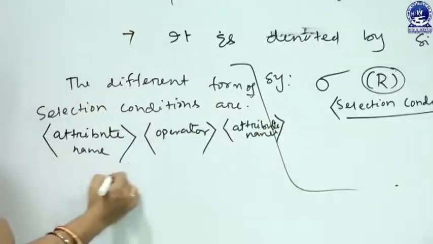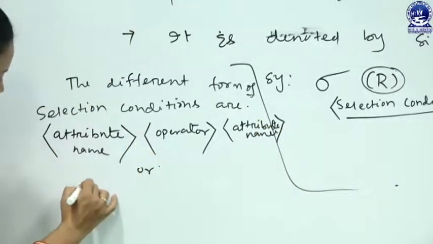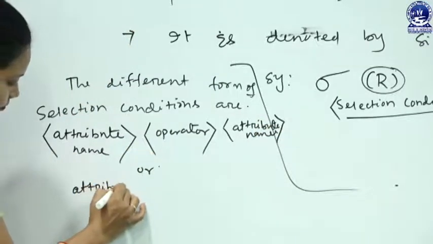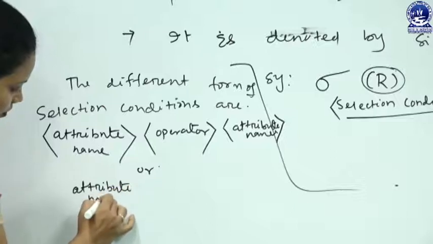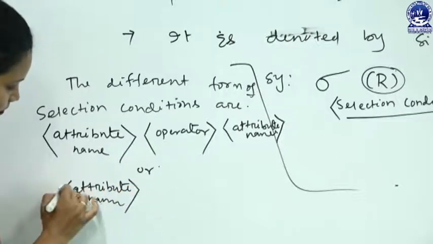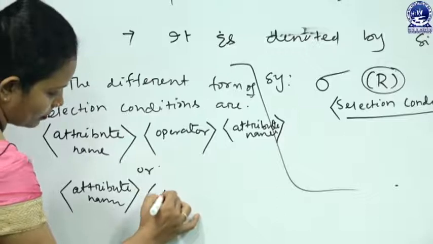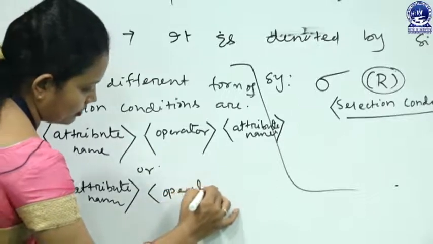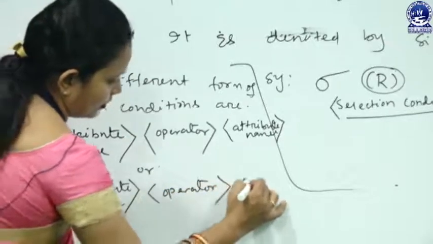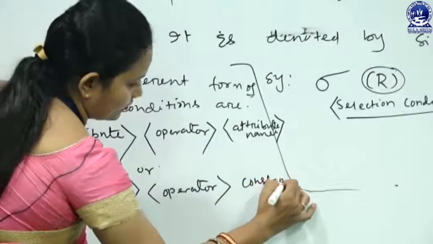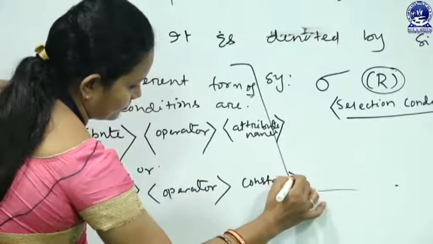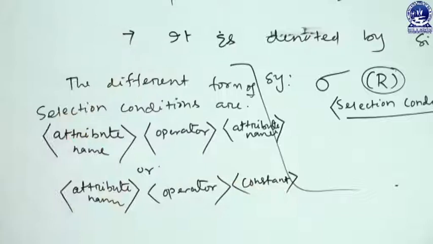Okay. Or you can also write attribute name, operator, and any constant value. Okay. These are the two forms in which we can write a selection condition.